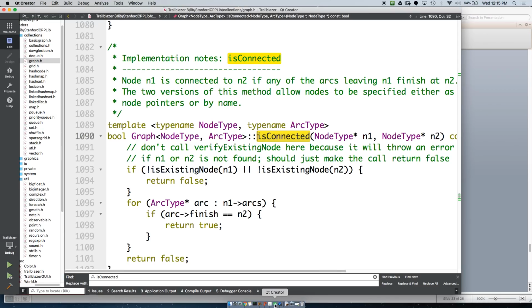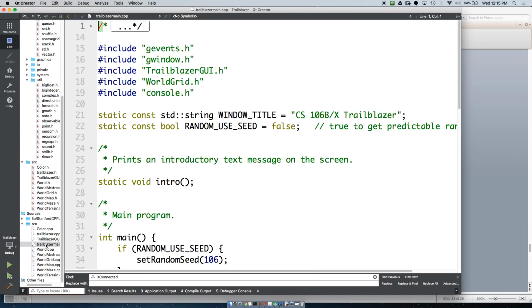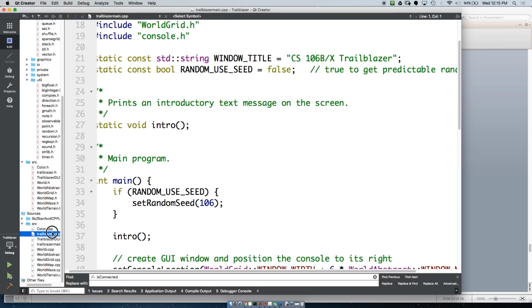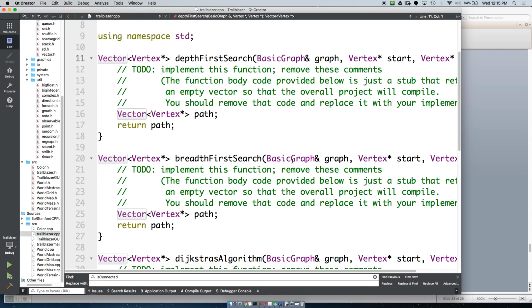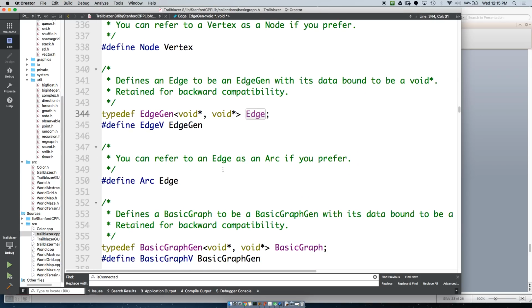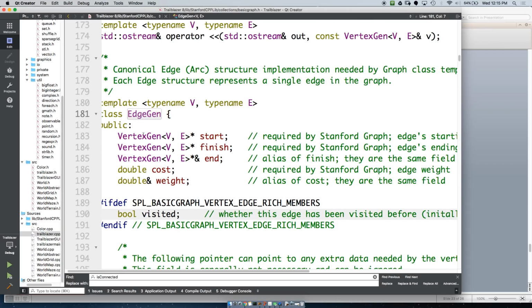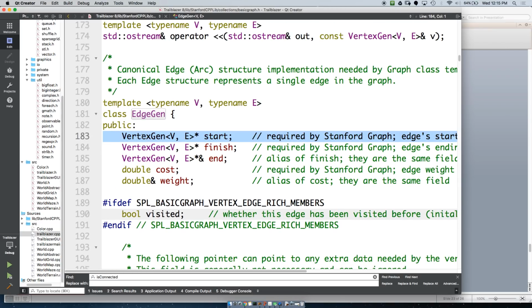Let me see if I can pull it up. This is your Trailblazer code. For each edge, there's a start vertex and a finish vertex. You can call the finish either finish or end.